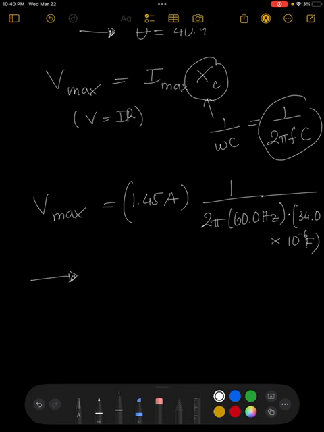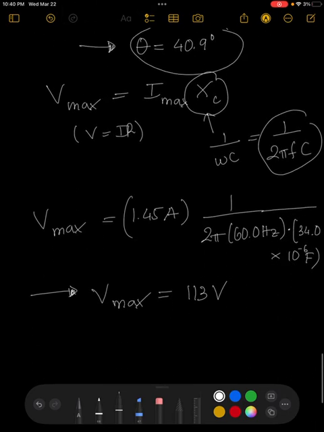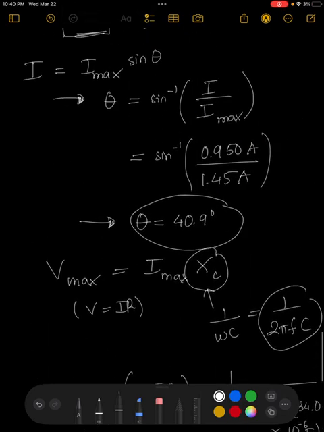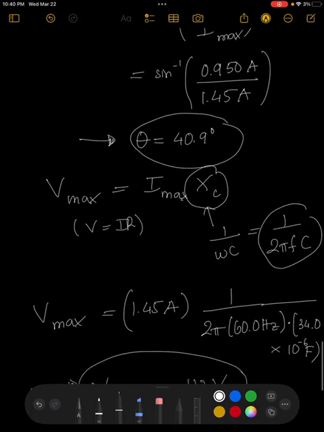So that would give you Vmax the value of 113 volts. Okay, we got the maximum voltage, we got the angle. Go back to this equation right here, we can find the instantaneous voltage.